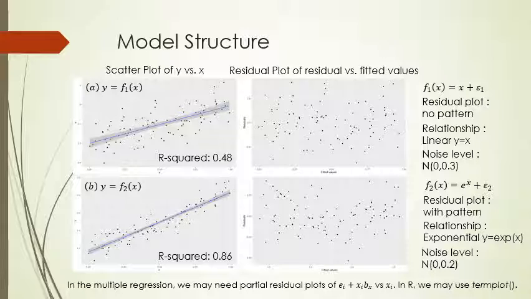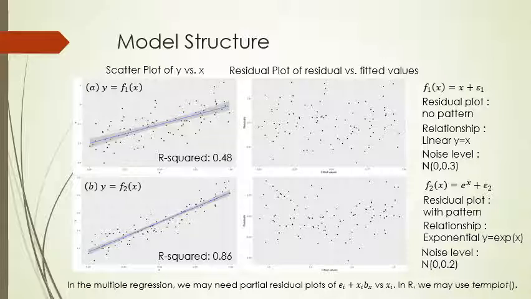In multiple regression, we have more than one independent variable. In addition to the plot of the residual versus the fitted values, we may also need to plot the residual versus each predictor. Also, for a specific predictor x, other predictors often affect the relationship between x and the response.